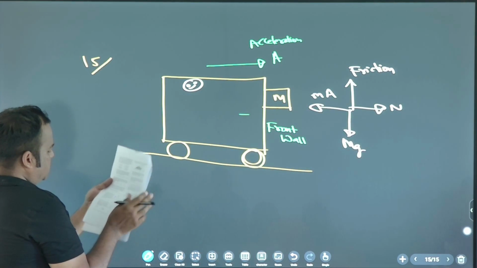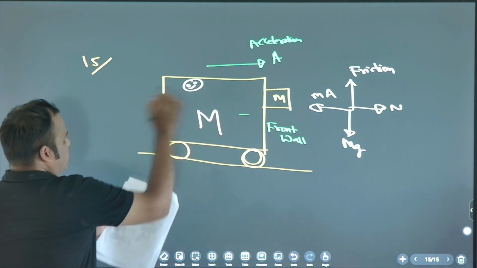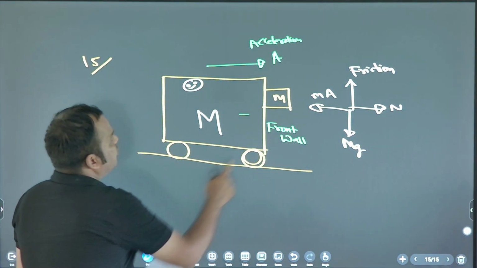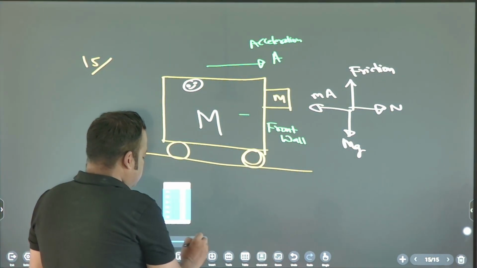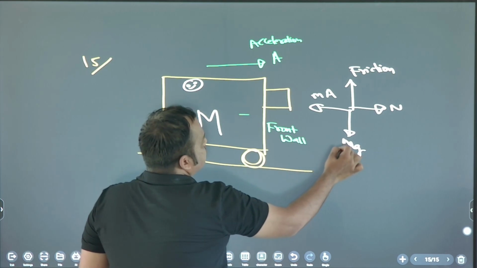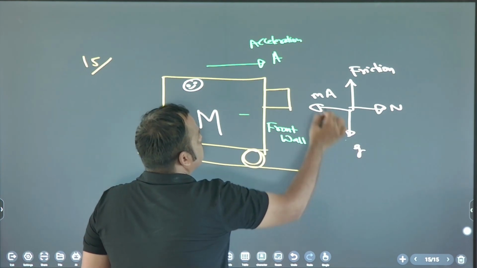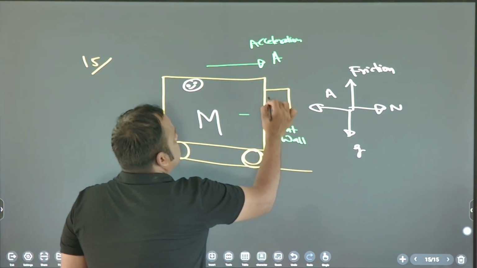Now see the question. Cart mass is capital M. Block mass is small m.